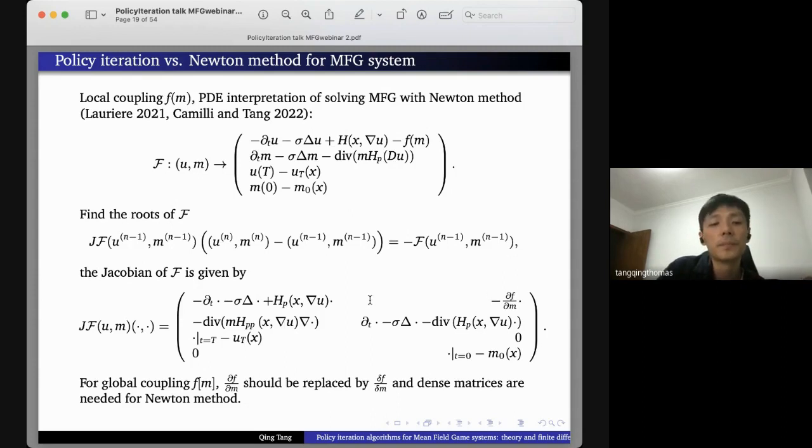For example, for the Fokker-Planck part, this system is much more linearized than the policy iteration method. You probably need to do more work for each iteration, but if you count by the number of iterations you need, Newton's method would converge very fast if one starts with good guesses.